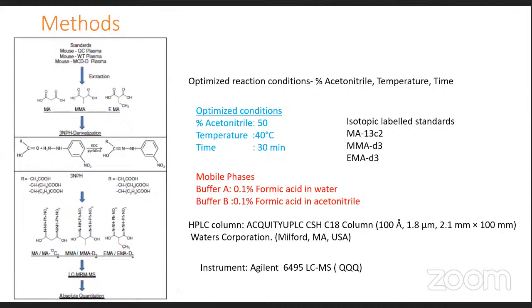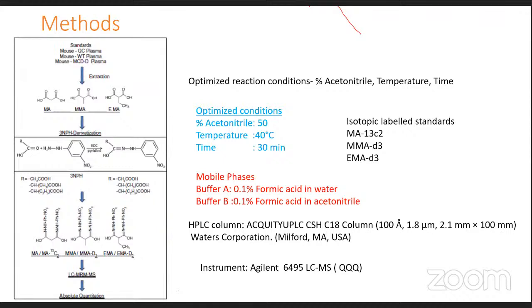We optimized the reaction conditions, such as the percentage of acetonitrile, temperature, and time. In the optimized conditions, we used 50% acetonitrile and incubation for 30 minutes at 40 degrees.